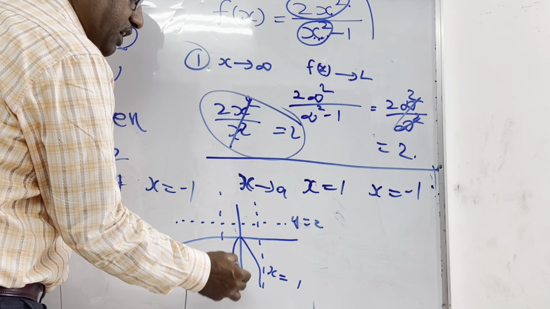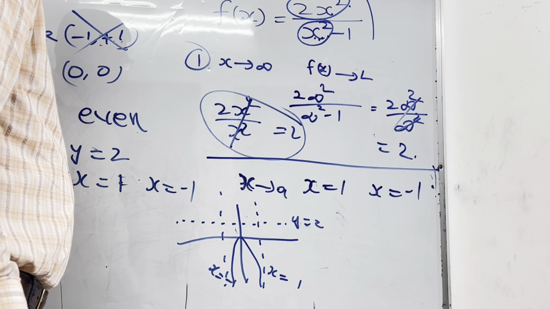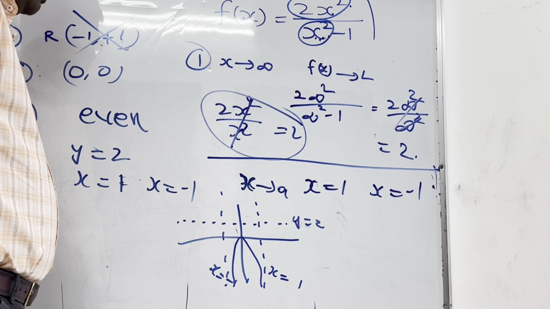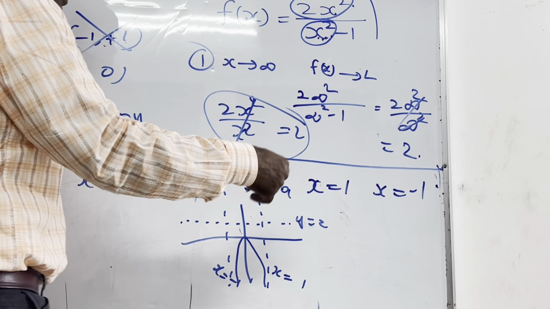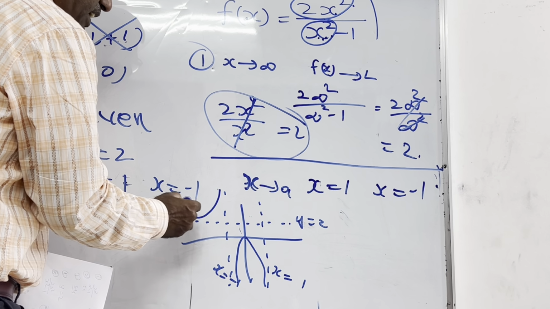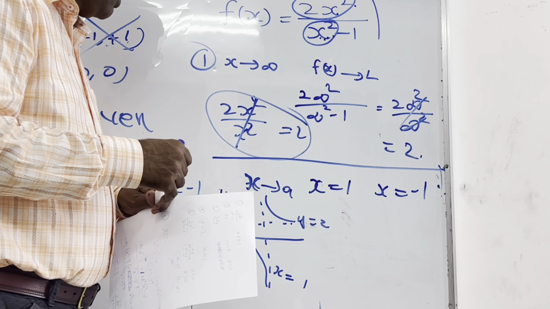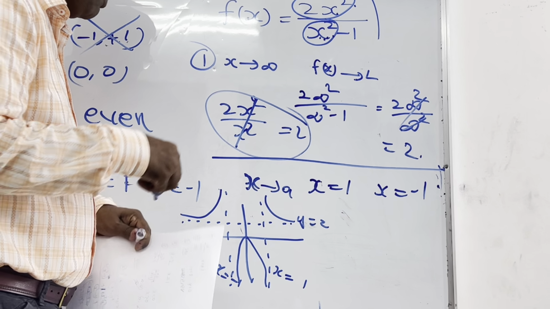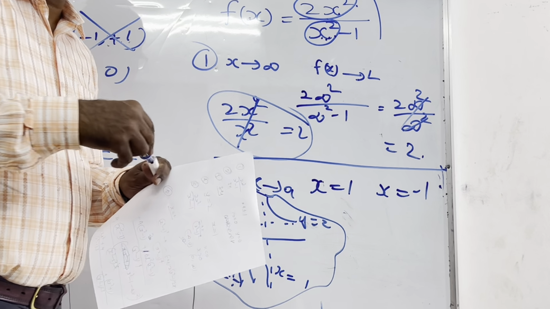Concavity we will come to. Remaining area with the available details, we can see it. Mostly like this, because y equal to 2 is the asymptote, and x equal to 1 and minus 1 are asymptotes. With the details we came across until now, still we will go through.